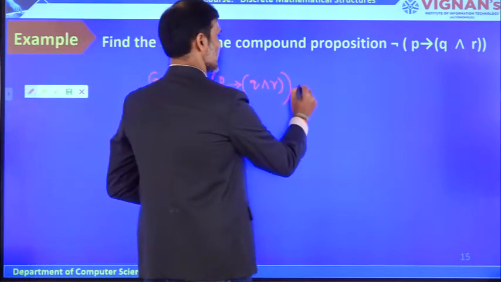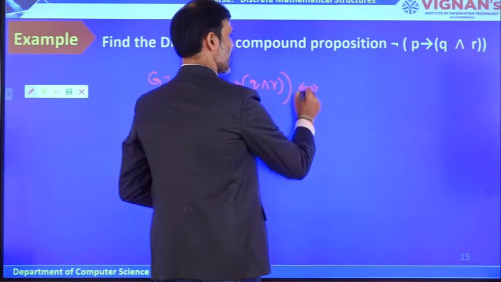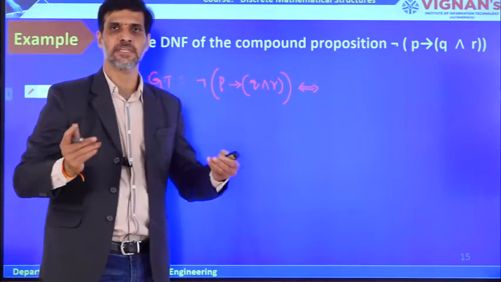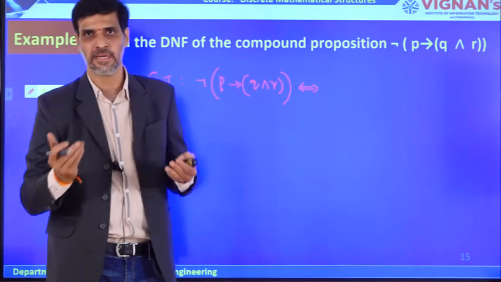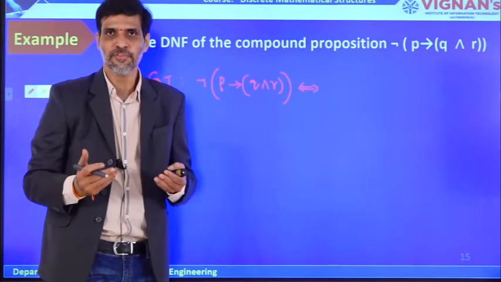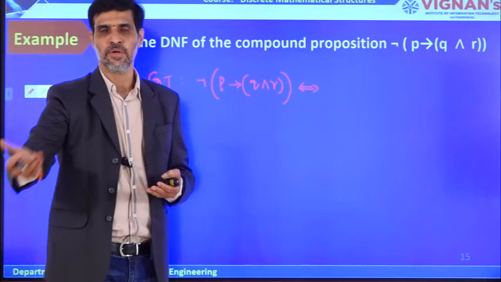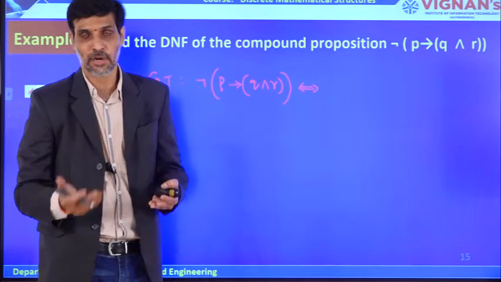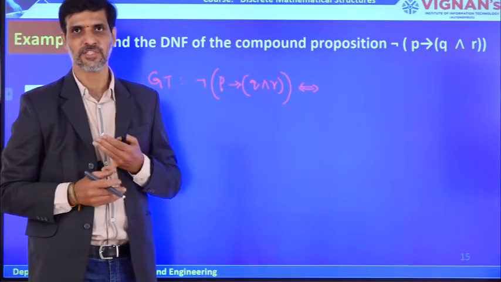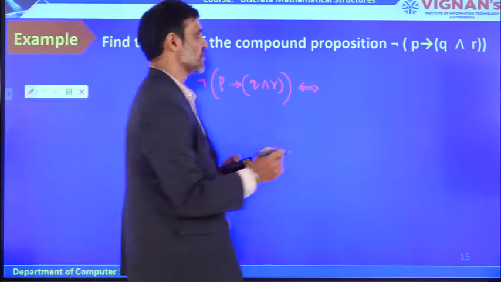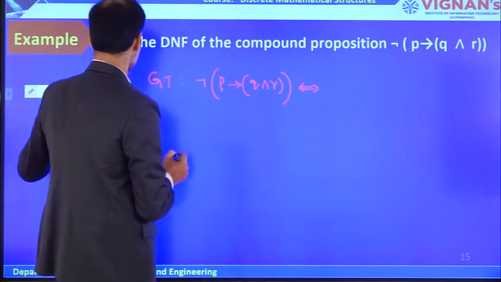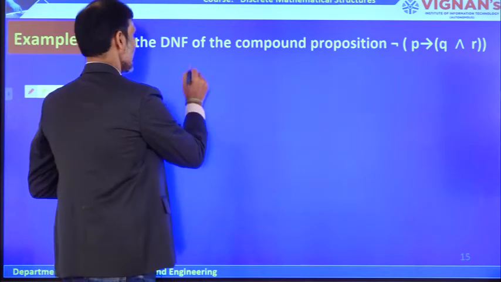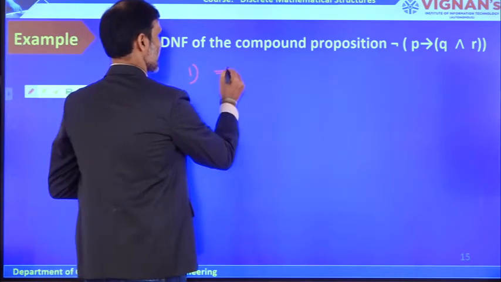When you want to convert to a normal form, either a disjunctive normal form or a conjunctive normal form, the first and foremost thing you need to check is whether it contains biimplications or not.